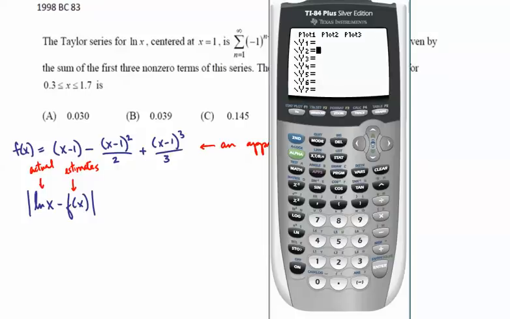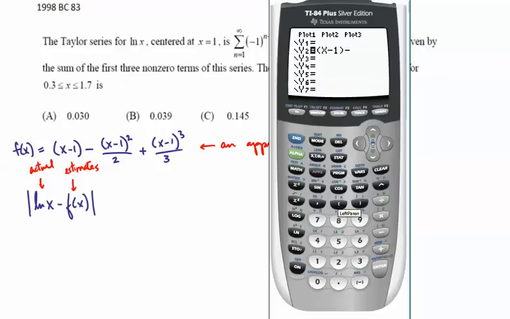And so I bring up the graphing calculator, and I'm going to put in f of x by itself first. So that's x minus 1. I put it into y2, that doesn't really matter.